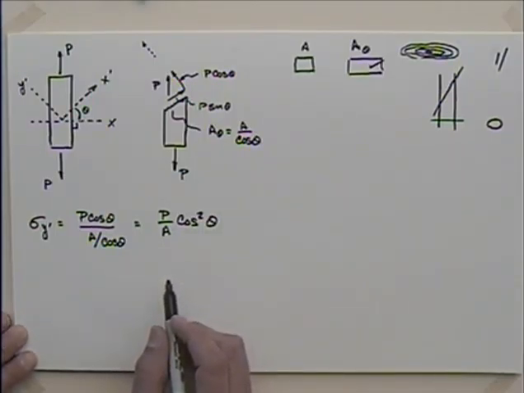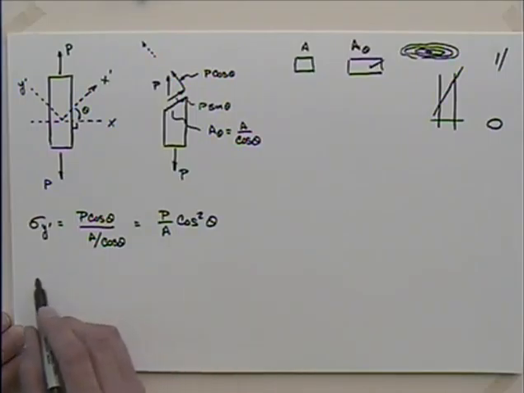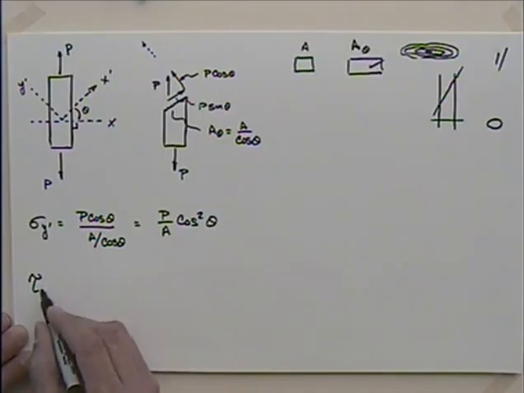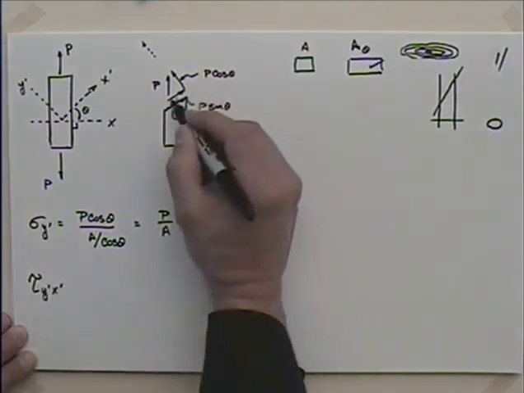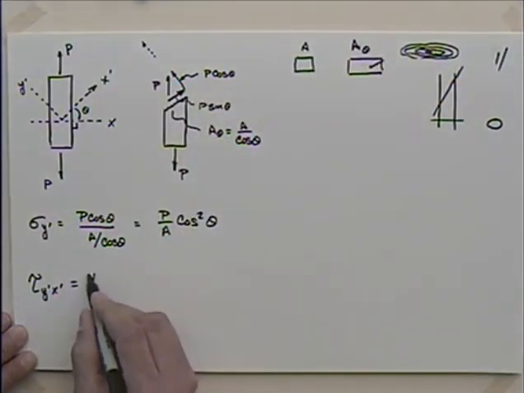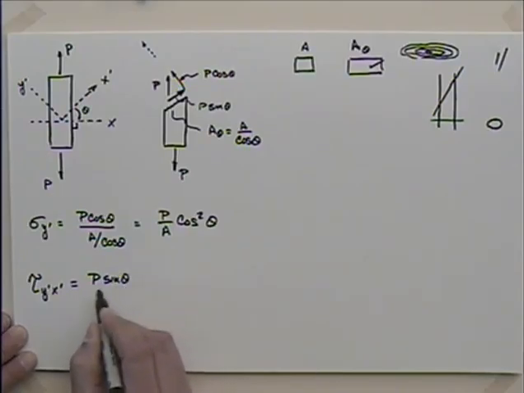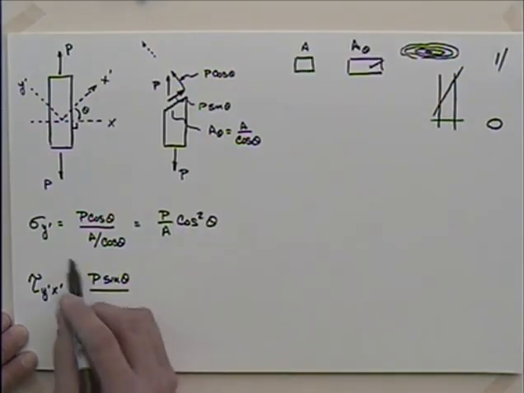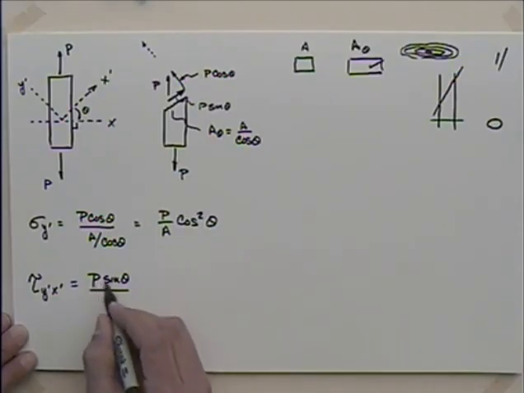Now, I need to talk about the shear stress that's going to develop here. I could talk about tau on the y prime face in the x prime direction. That would have to do with that force right there. So that is P times the sine of theta, and then I have to divide that by the area, because both normal stress and shear stress are force over area.